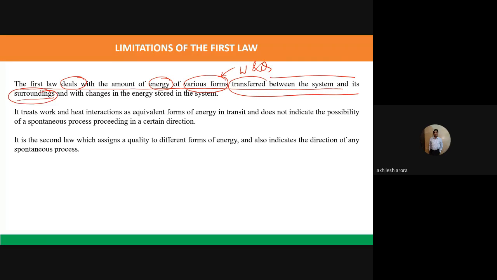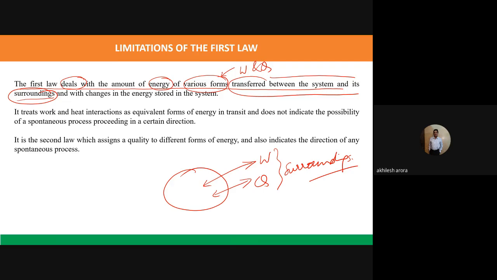So we know that if it is a thermodynamic system, it interacts with its surroundings with the help of W and Q. Okay, so it could be W which is going out of the system or coming into the system, and same way it is Q, and it is interacting with surroundings.